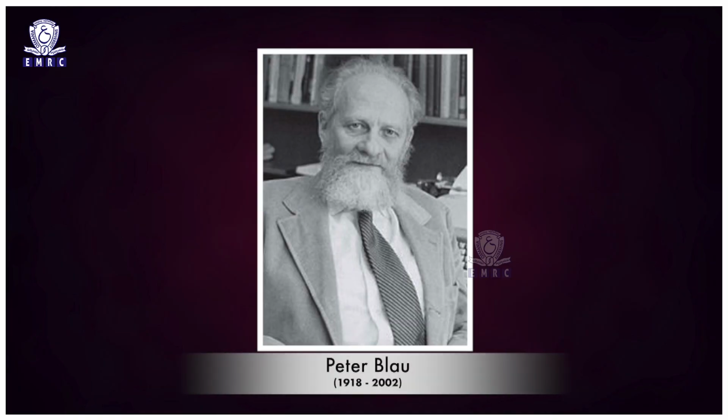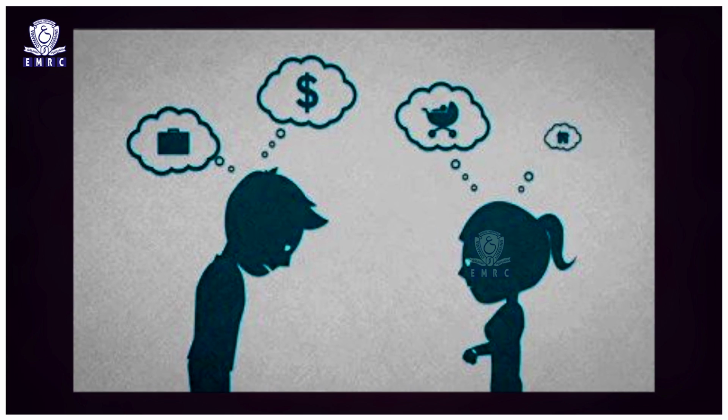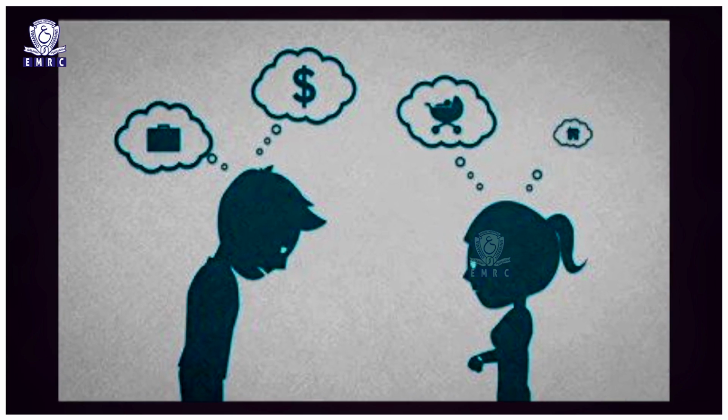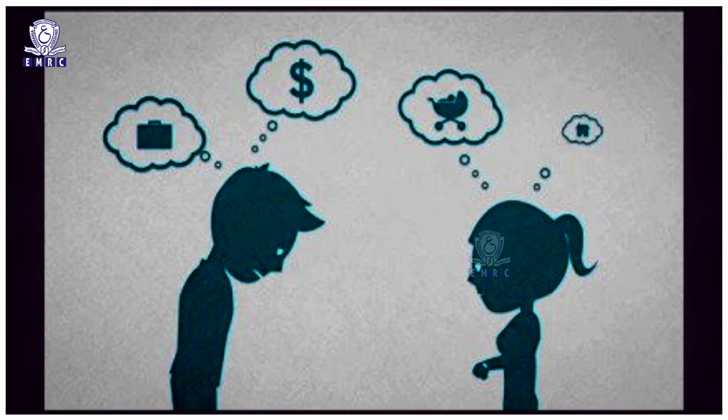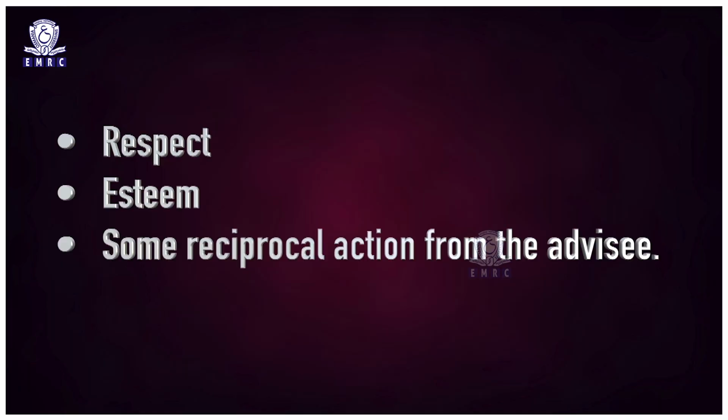Blau discussed how the need for advice or help leads to exchanges among members in groups and organizations. The person providing assistance, which is a cost, is rewarded with respect, esteem, or some reciprocal action from the advisee.